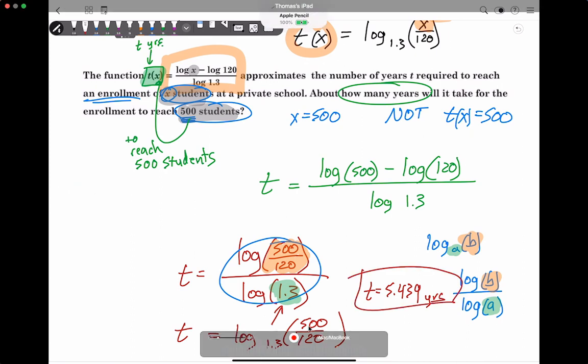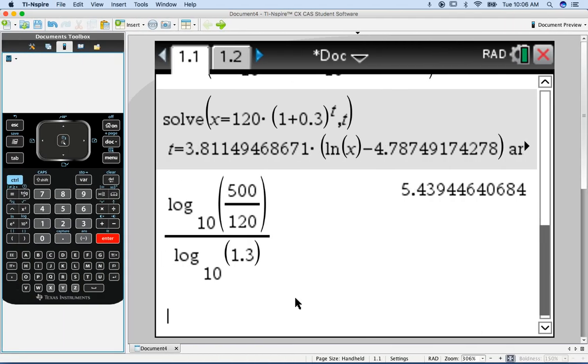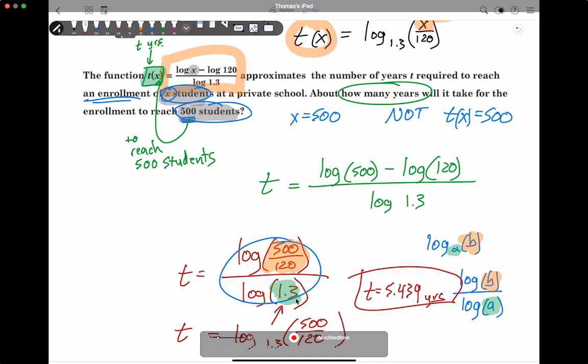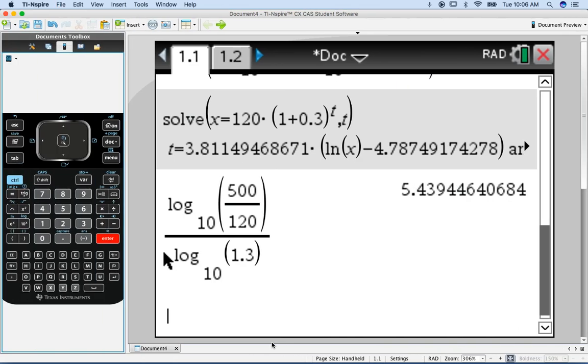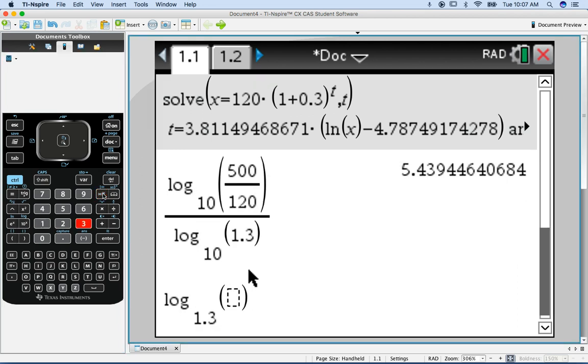We could have also put this into the calculator, and notice that we're not going to be able to get this decimal without a calculator. But nonetheless, we practiced pieces of rewriting without a calculator. So log base 1.3 of 500 over 120.